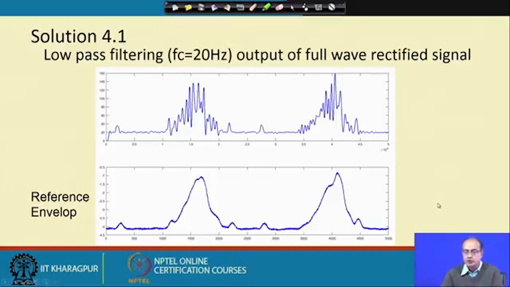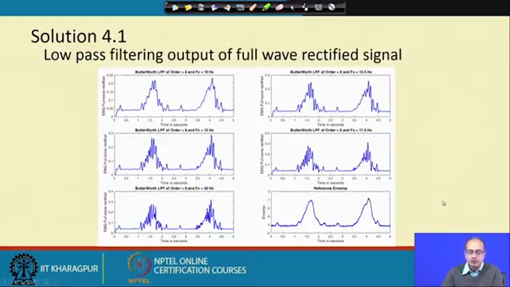And to compare them, we put them together. What we see here is that starting from 10 hertz, as we increase the cutoff frequency to 12.5, 15, 17.5, 20, in each case we have an increase in the ripple in the output.